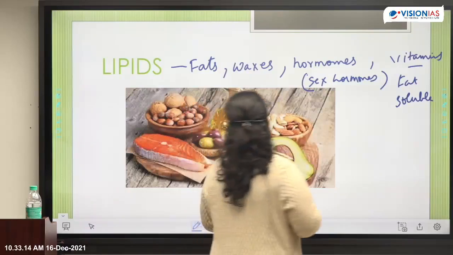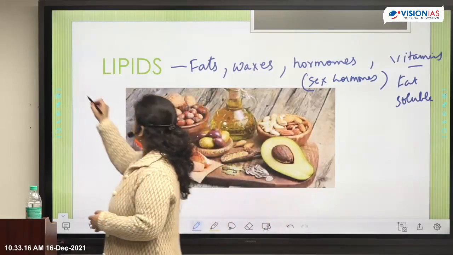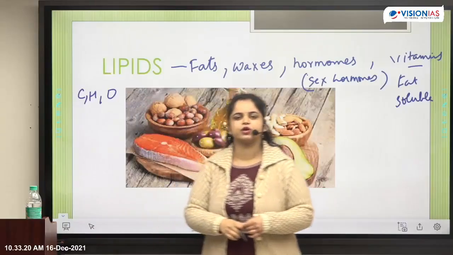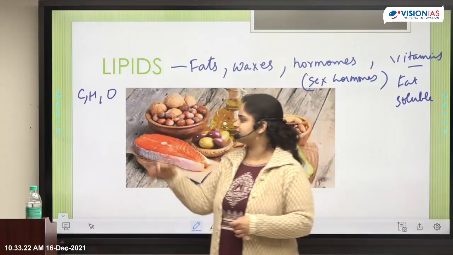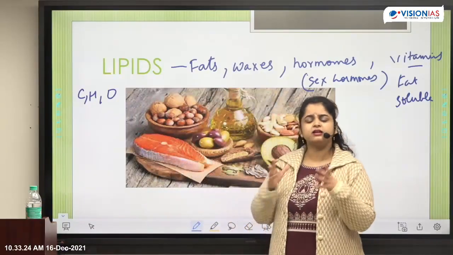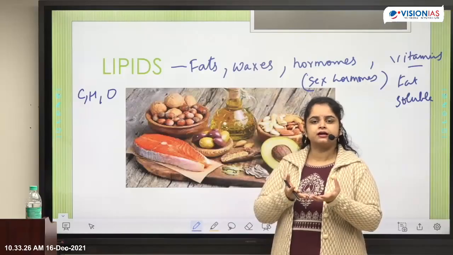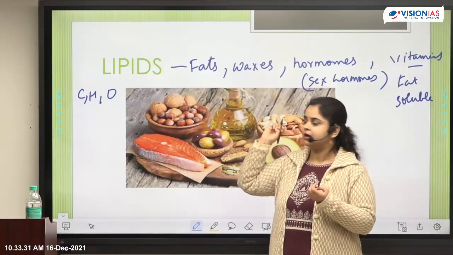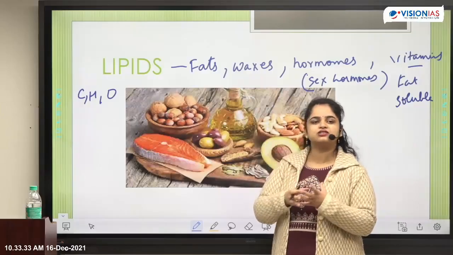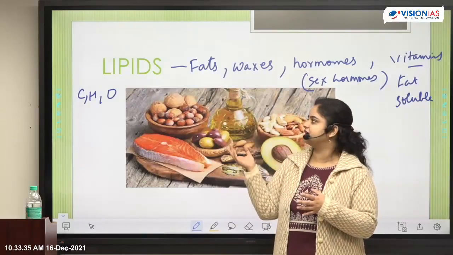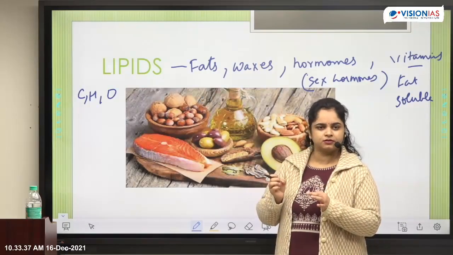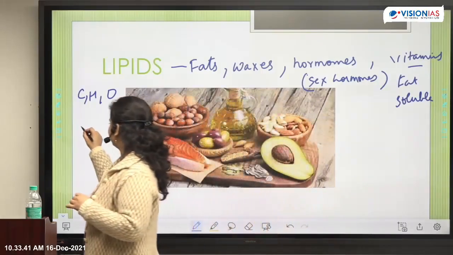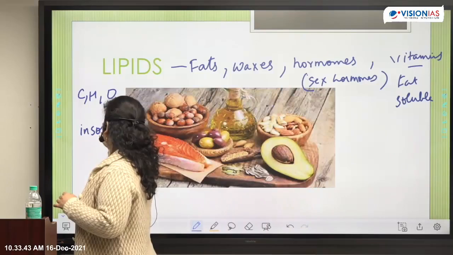Chemically, if we talk about them, their composition is carbon, hydrogen and oxygen. Of course, this is a very basic thing. In terms of structure, you might think that these three things were there in carbohydrates also, but when it comes to the exact structure, that is very different for lipids. The distinguishing physical property which they have is insolubility in water.